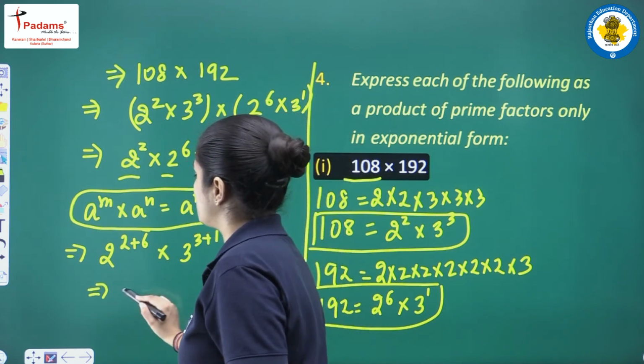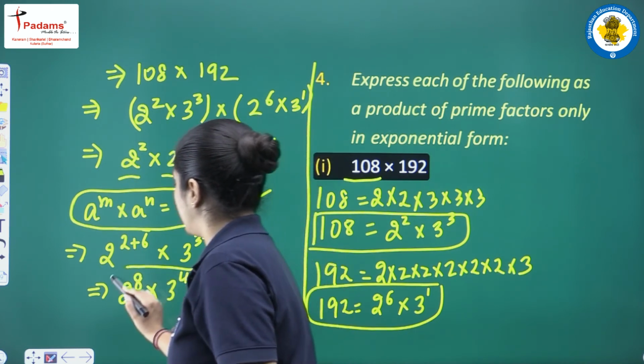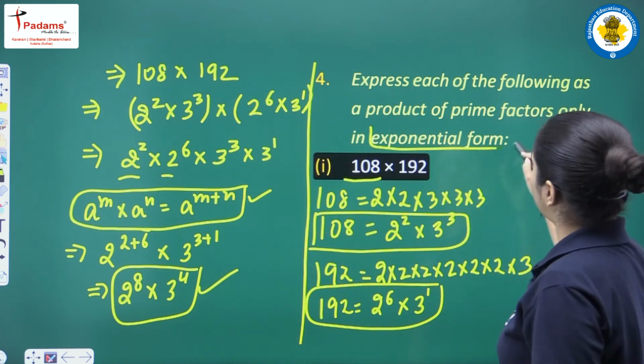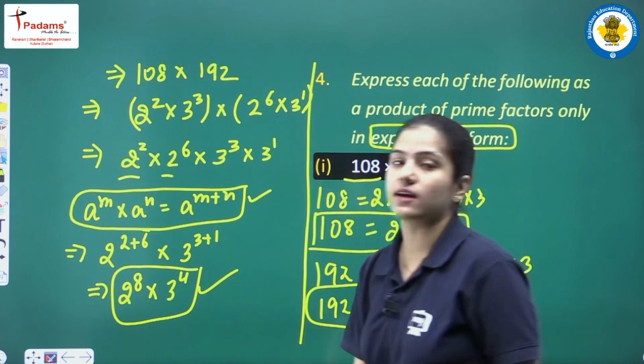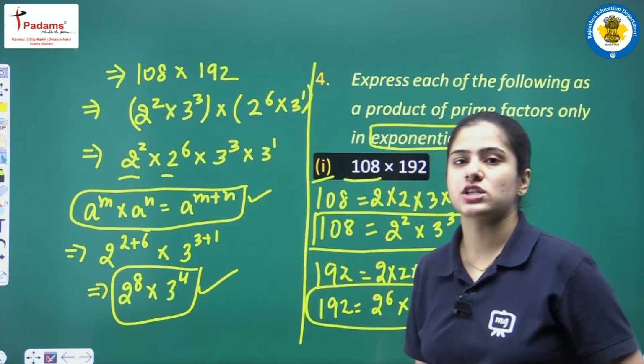So students, this is 2 raised to power 8 into 3 raised to power 4. And this is your answer. Okay? Because it is in the exponential form और इनको हमने prime numbers के अंदर भी लिख दिया है with the power of prime number. All right students, this is your question number 1.